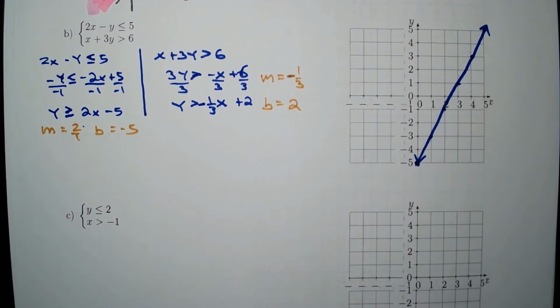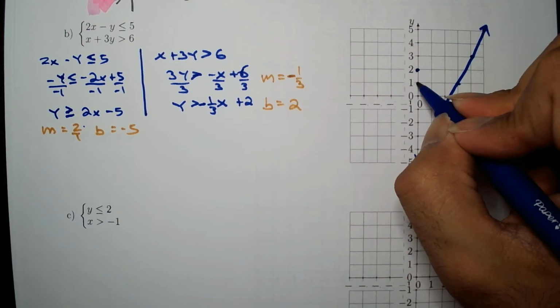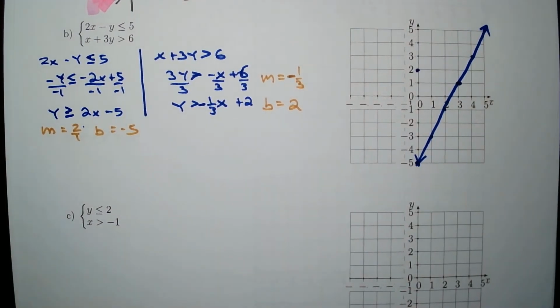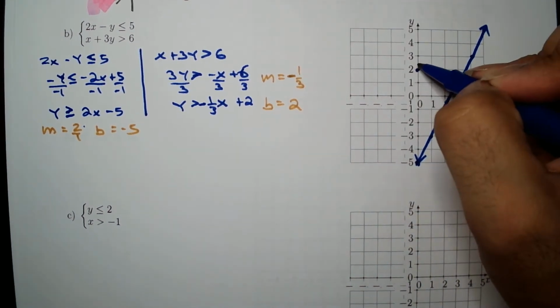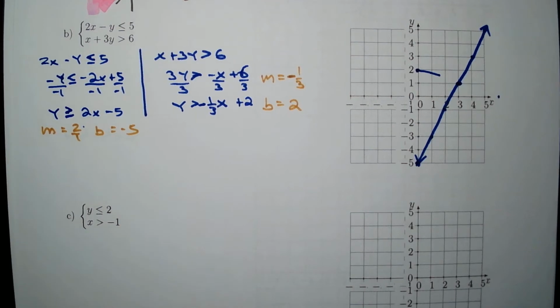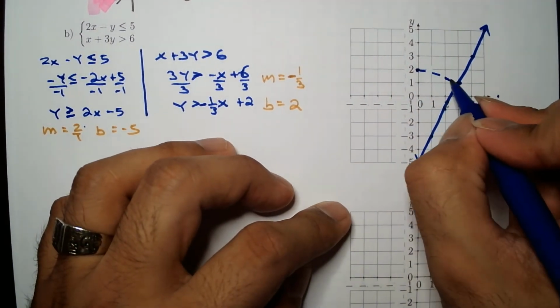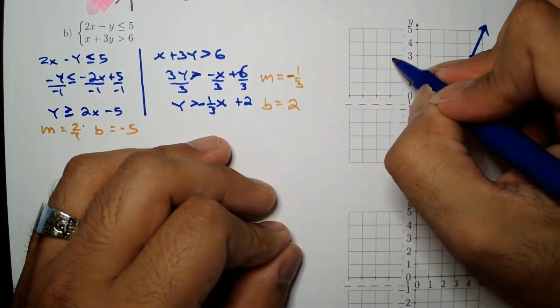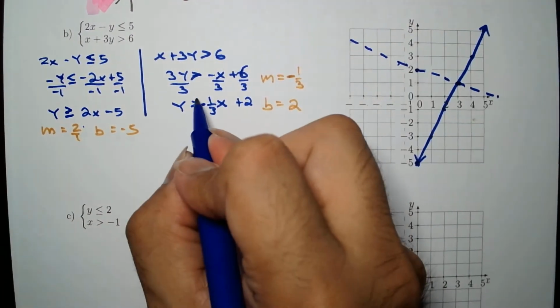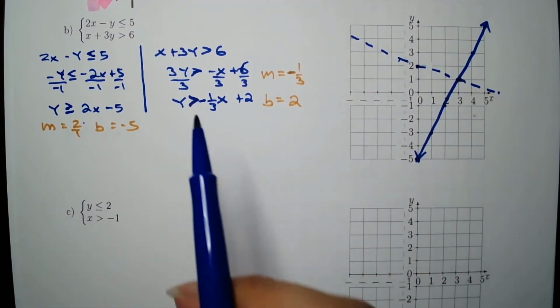So I'm going to go to b, which is 2, and then from here, I'm going to go 1 unit down, run 3 units. 1 down, run 3 units. In this case, it's going to be a dashed line. Do you see why? Yes, because this one has only the greater than, not greater than or equal.